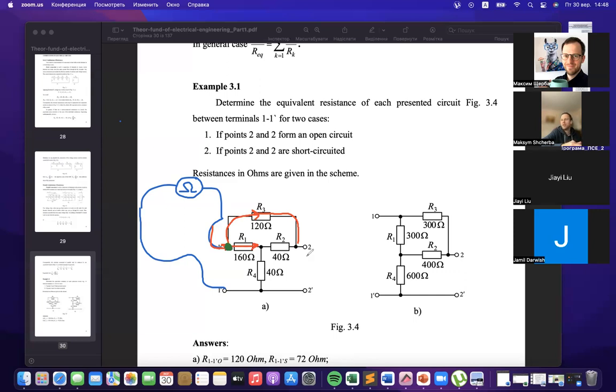It isn't connected to any other point. That is why the current, without any dividing, will flow just to another point, because point number 2 is disconnected. We don't see anything near it. Then we have a situation of two serial resistances, R2 plus R3.